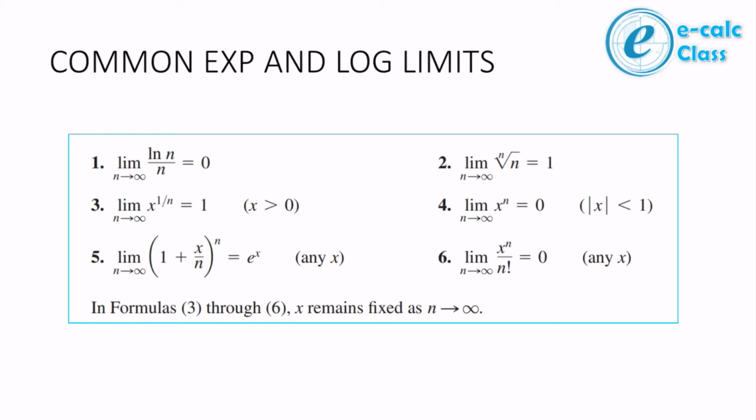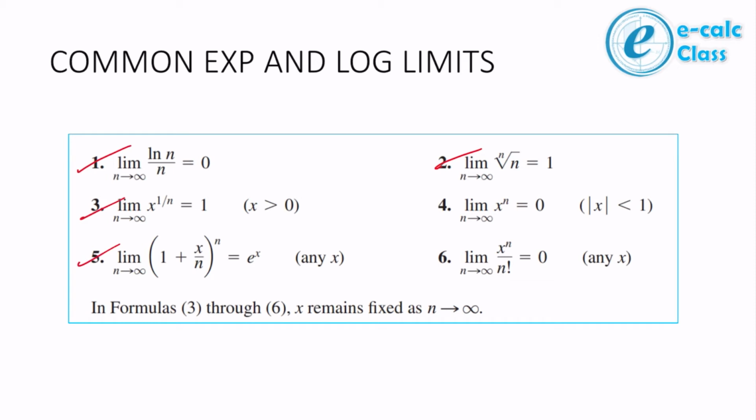These are the very common exponential and logarithmic limits that we'll need in some advanced chapters, such as the sequence and series chapter on infinite series. You usually use this. So what I will be doing today in this class is proving some of them, actually most of them, which are 1, 2, 3, and 5.